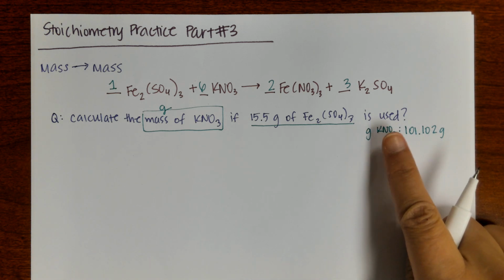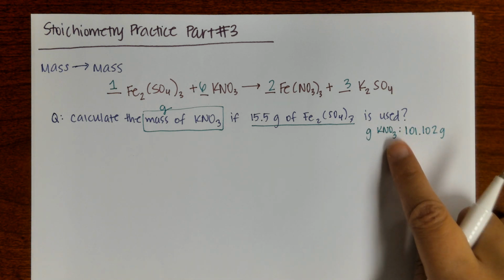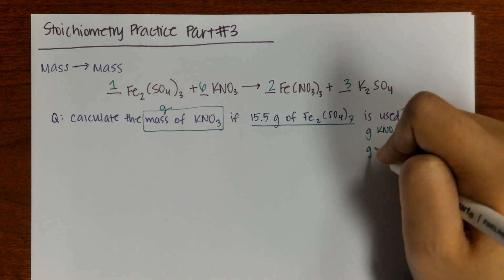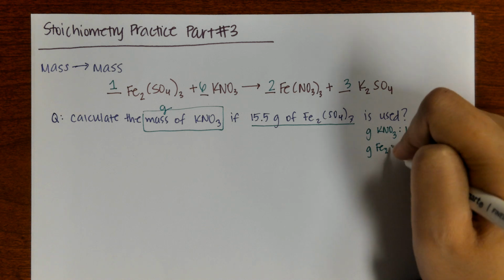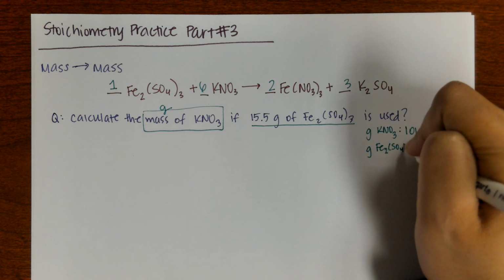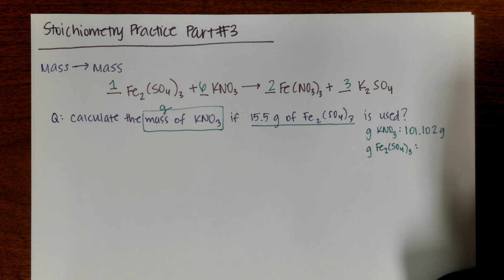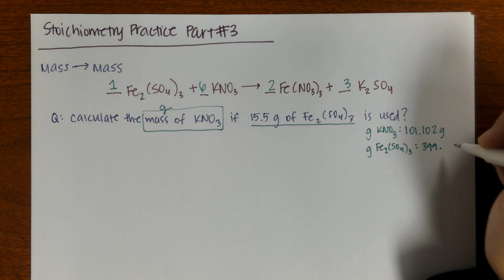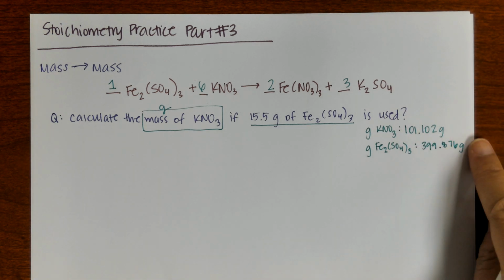From the periodic table, you have 1 potassium, 1 nitrogen, and 3 oxygens, so the mass of oxygen times 3, and you add them all together. This is what you should get. And the grams of iron 3 sulfate should be 399.876 grams.